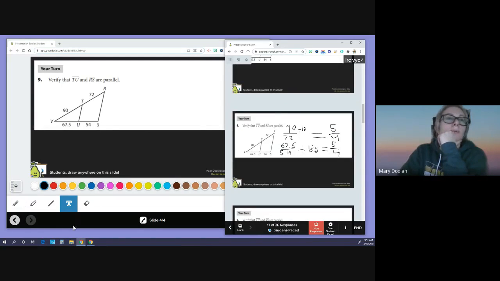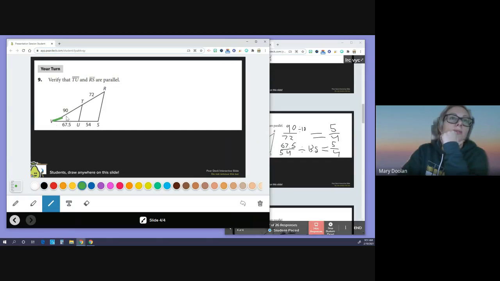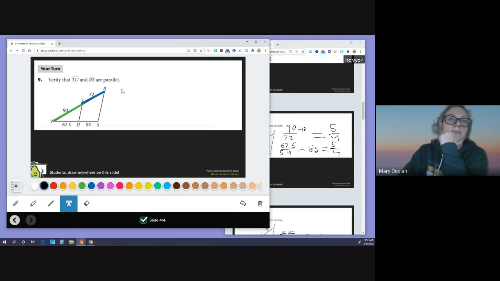So over here, if I do this piece over this piece, that's going to give me one ratio. So 90 over 72.